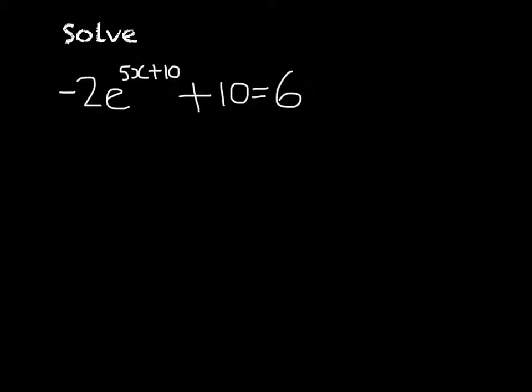Solve. Negative 2 e to the 5x plus 10 equals 6. So I'm going to start by subtracting 10. So I end up with negative 4. Now I'll divide by negative 2.